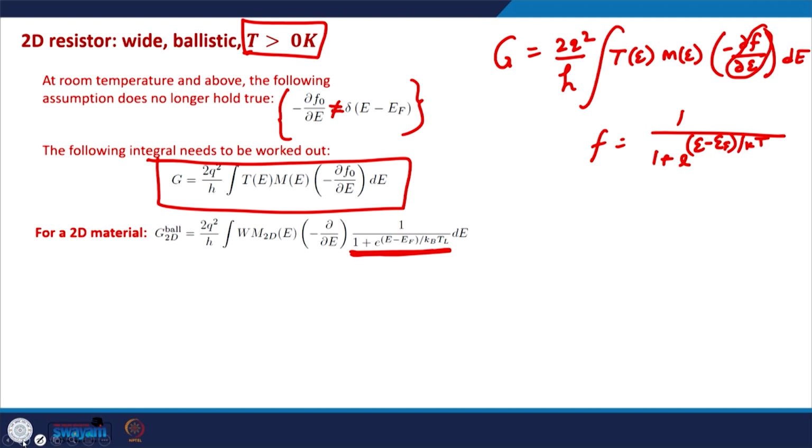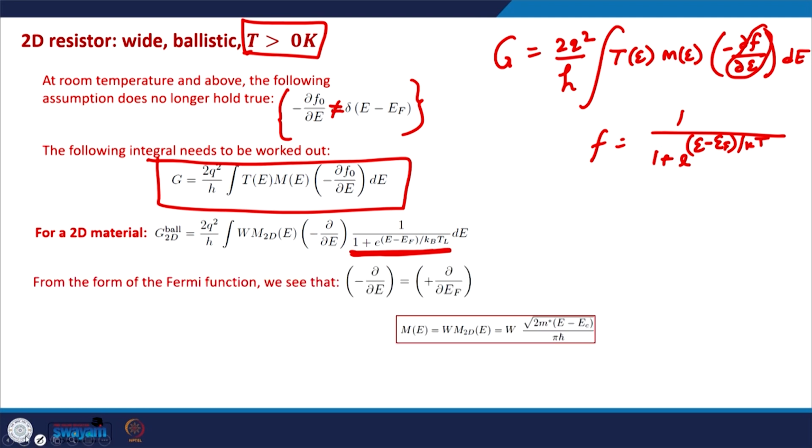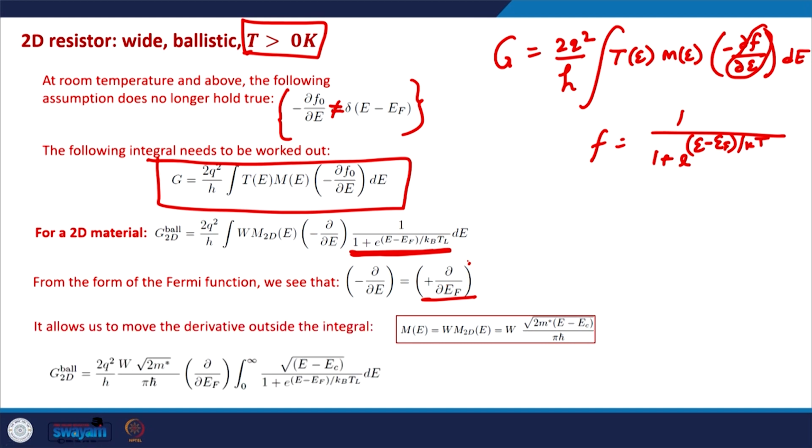Okay, so with this we make this replacement: minus del by del E is replaced by del by del EF, which allows us to bring this del by del EF outside the integral.